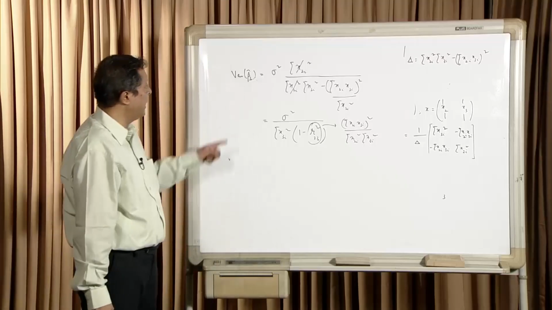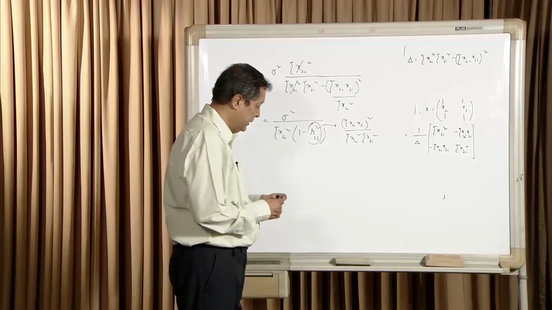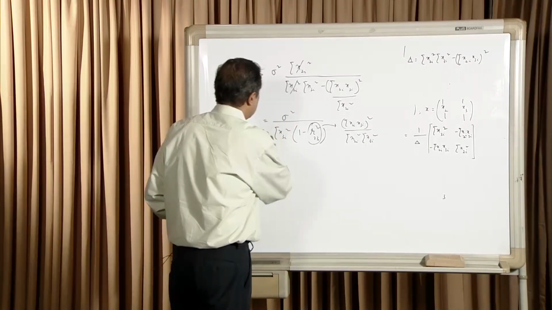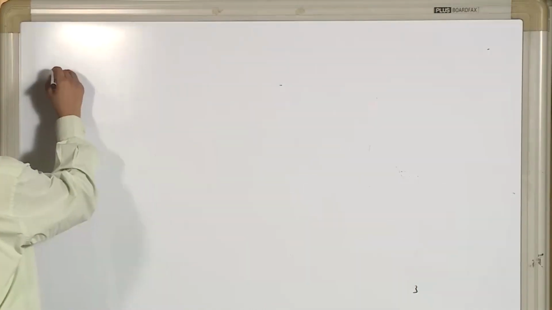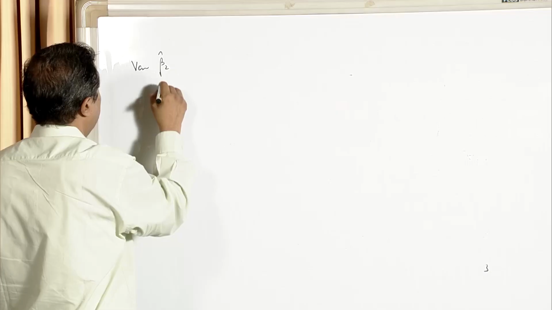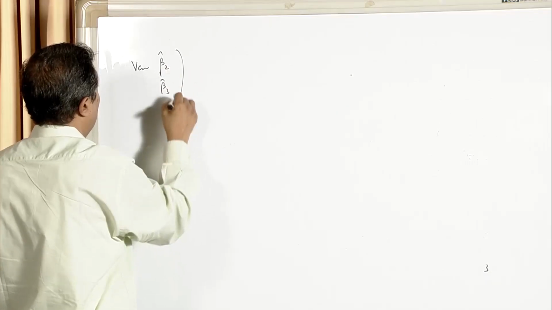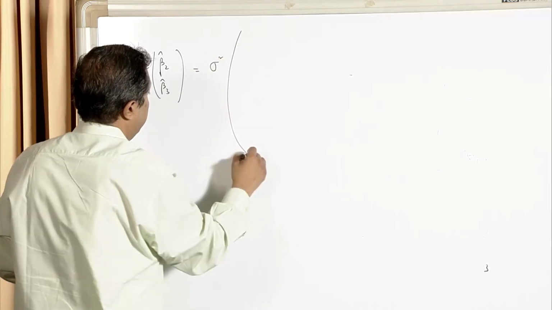So, we have taken a look at variance of beta 3 hat and variance of beta 2 hat. Let us write this in matrix form now. We have variance of beta 2 hat and beta 3 hat in a vector form equal to sigma square, write a big matrix here.